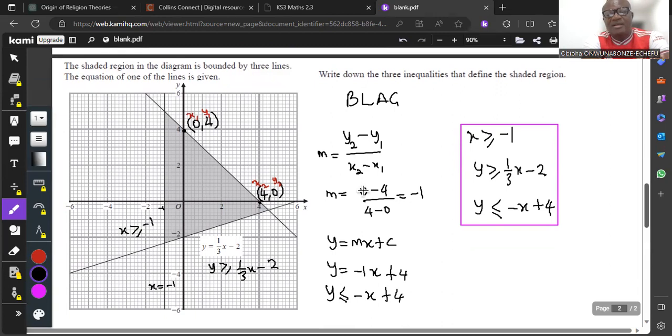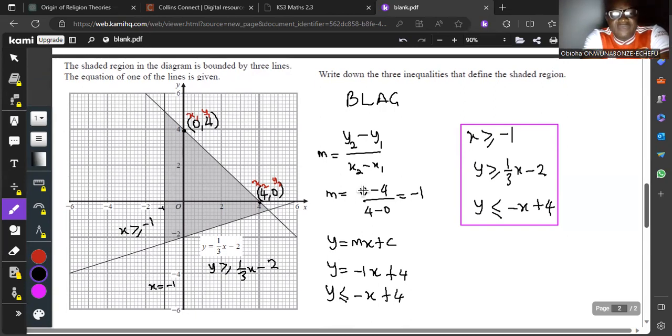Like I said earlier, LAGB is for finding the region that satisfies a set of inequalities. And in any shading you are doing in that process, the unrequired region is where you are shading, so that the required region remains very clear, and that is where you write your letter R. But BLAG is used in finding the inequalities that satisfy a given region.